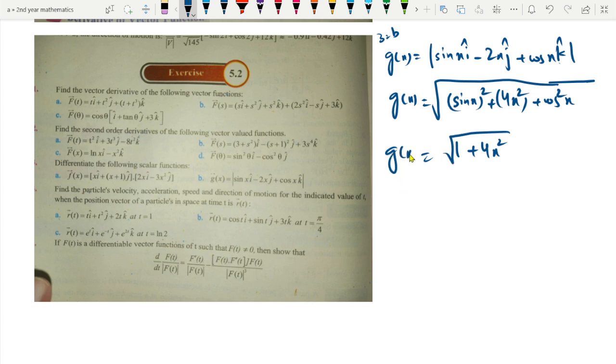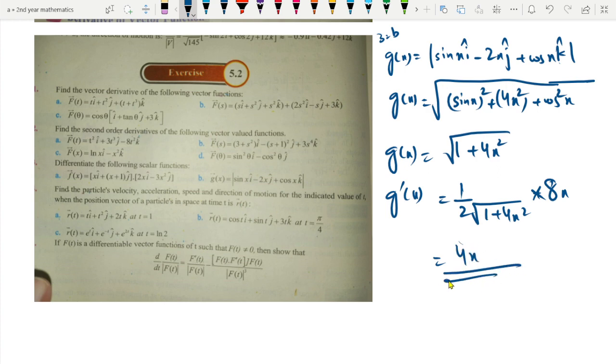So this is our g of x. Now taking the derivative of this one, g prime of x is equal to 1 divided by 2 under root 1 plus 4x square times 8x. So this will become 4x divided by the root of 1 plus 4x square. So this is our answer.